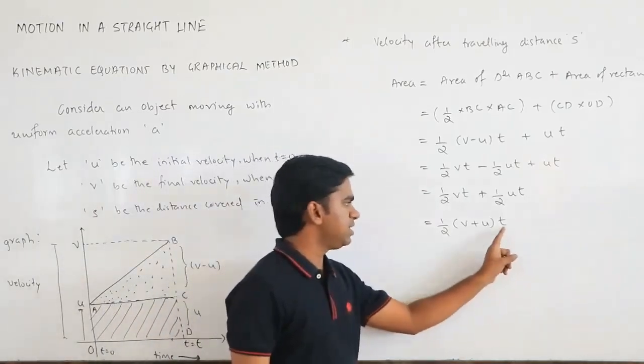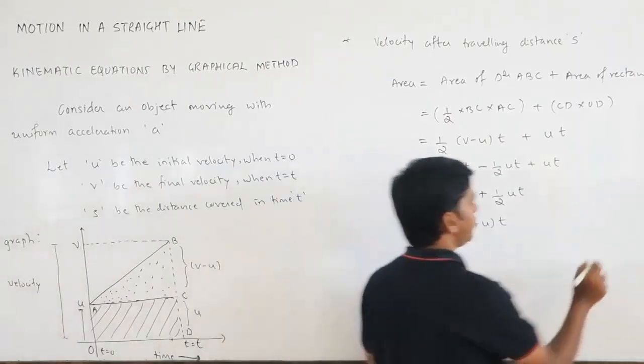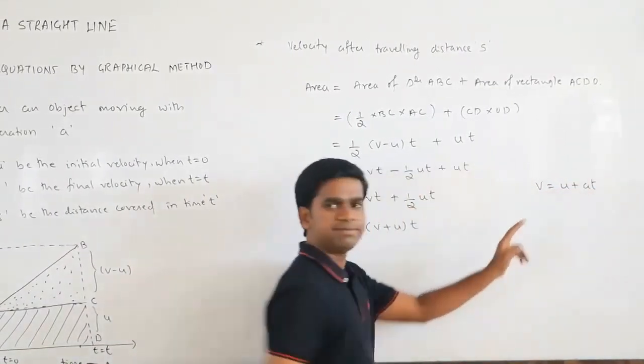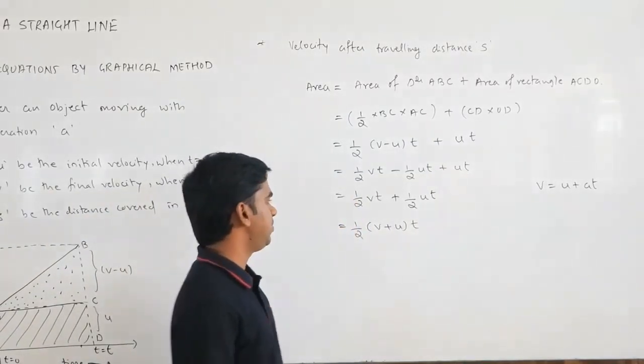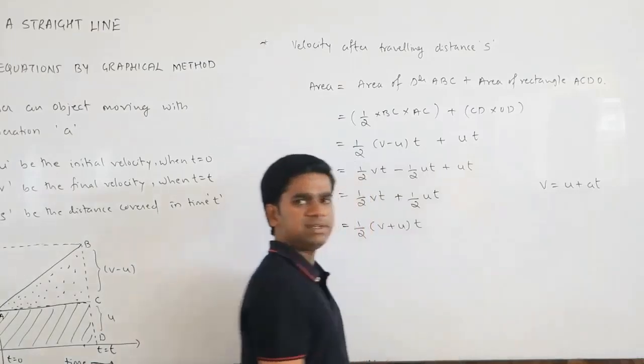Now you have to replace T here, because time is not given, distance is given. Again go for the first equation: V equals U plus AT. What do you want? You want T. Obviously you can get T from there.